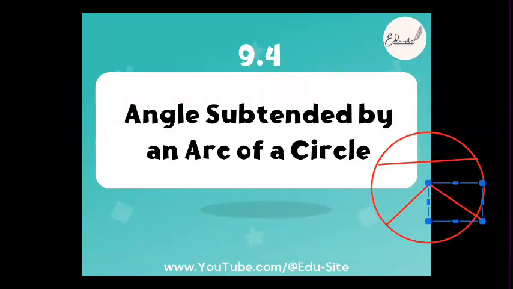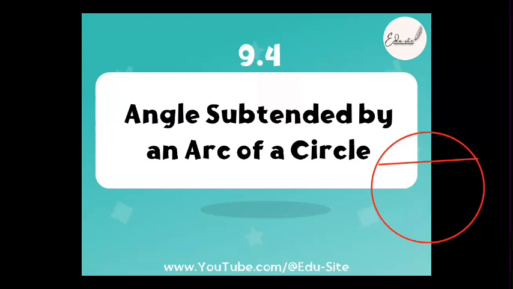Or if you draw something like this, the part that is formed by the 2 points on the circle is called an arc, okay. For the first time, let's just consider the first chord that we have drawn.